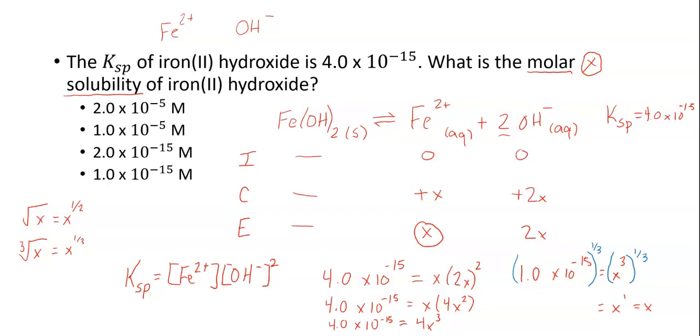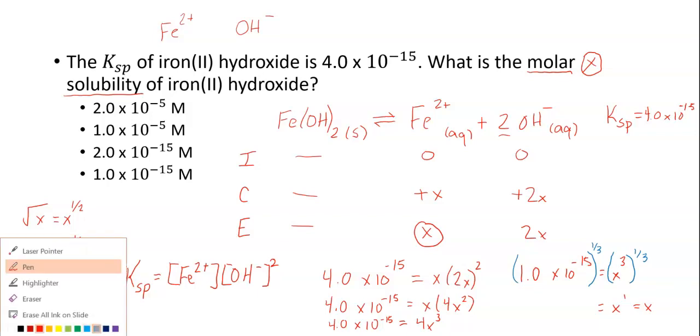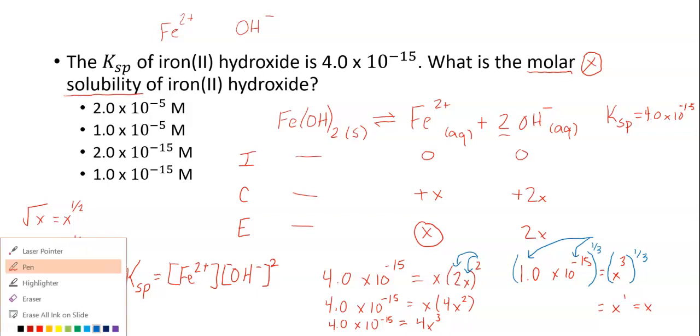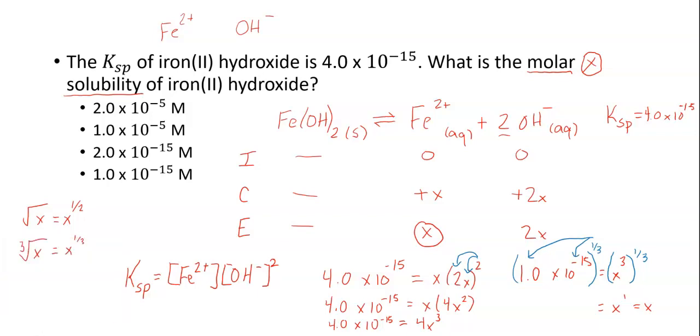Now really, I do need to distribute this, just like we distributed the square to the 2 and the x. I need to distribute this 1/3 power to the 1 and the 10 to the negative 15th. But 1 to any power is still just going to be 1. If you think about 1 squared or 1 cubed or 1 to the 4th power, it's just 1.